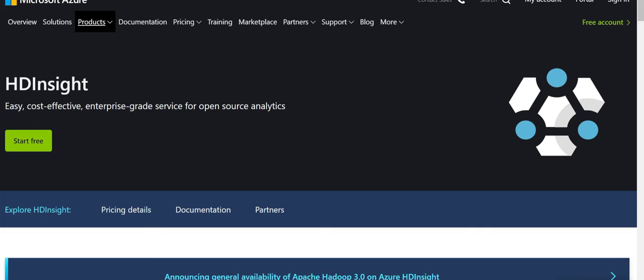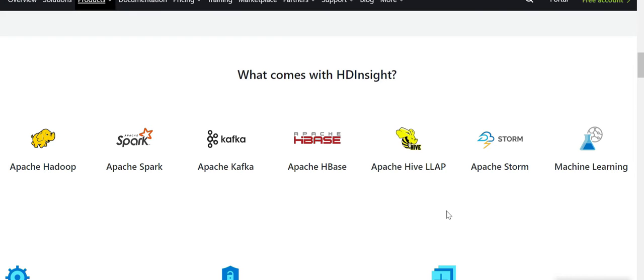Now, what is HD Insight? It is a cost-effective, enterprise-grade service for open source analytics. Use cases are primarily big data storage and analysis for machine learning, because machine learning programs have to go through big data clusters, and then Apache Kafka for real-time data streaming.